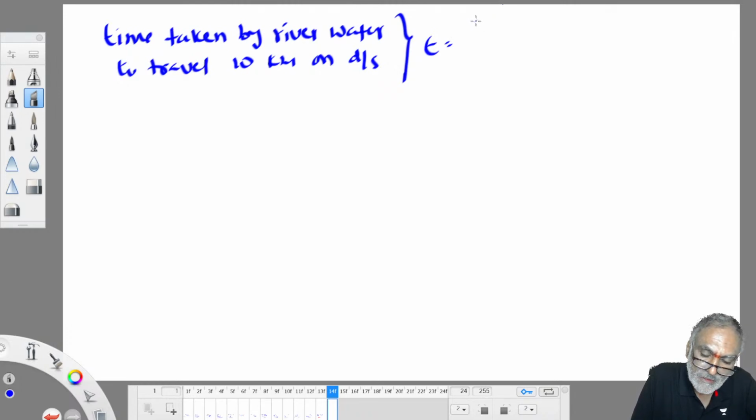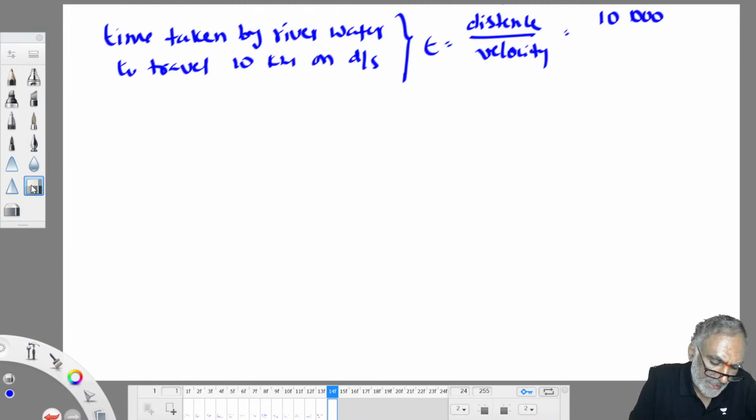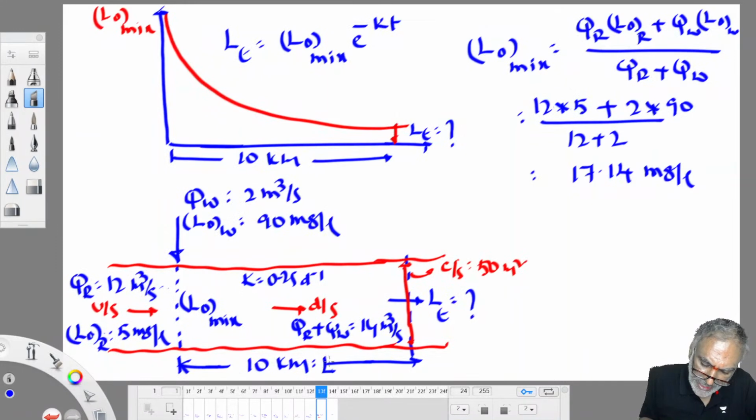Right? Distance traveled by velocity of flow. So distance traveled is 10 kilometers, right? 10,000 meters. Velocity of flow is Q by area. This is taken as length of the river, L value.